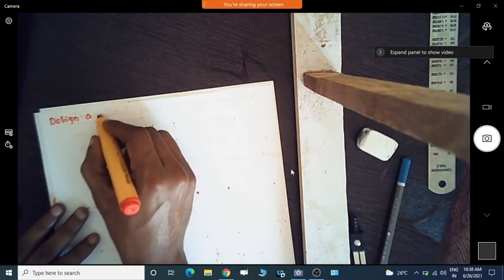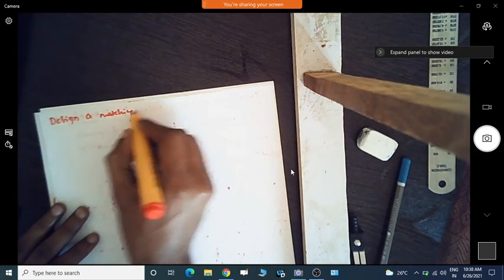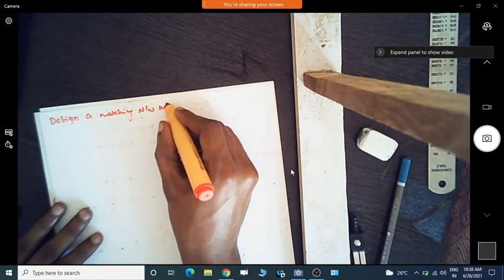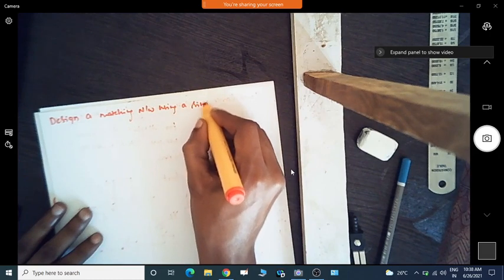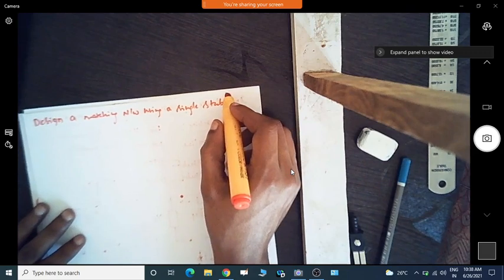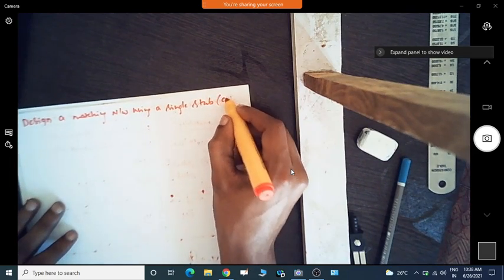Design a matching network using a single stub, which is open.